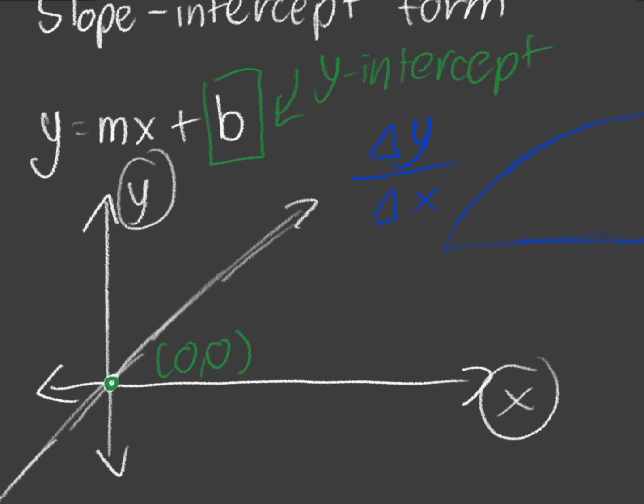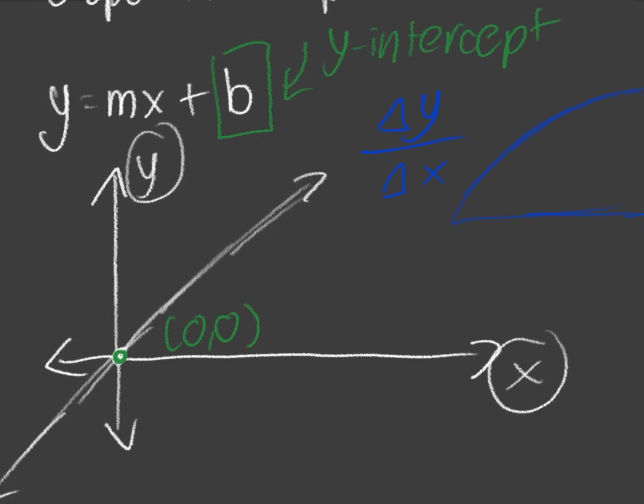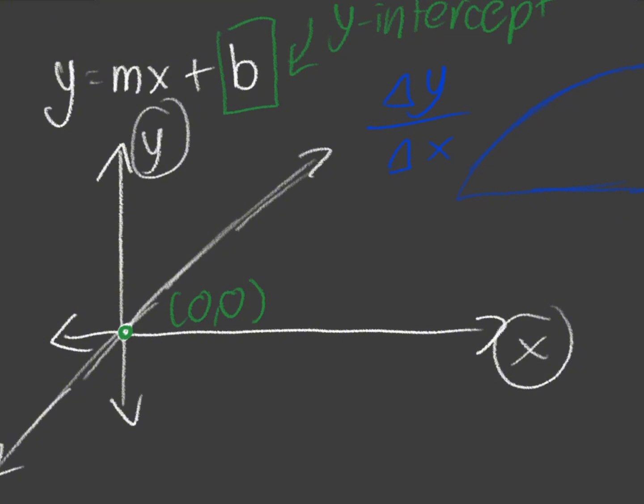I bet you've heard this somewhere in class: the change in y over the change in x, and the triangle just represents the change. Don't need to worry about that. It's just basically how steep the line is. And in the equation, m represents the slope.